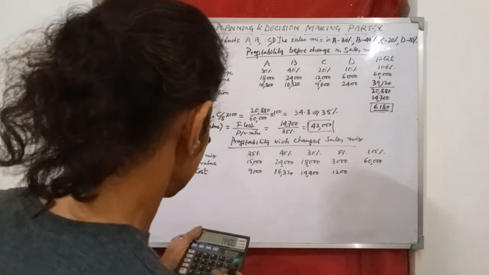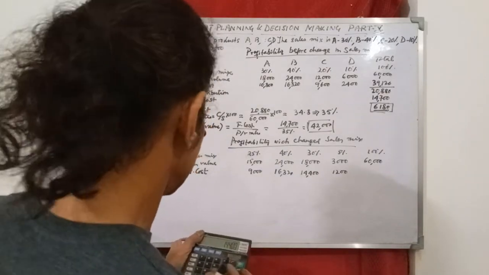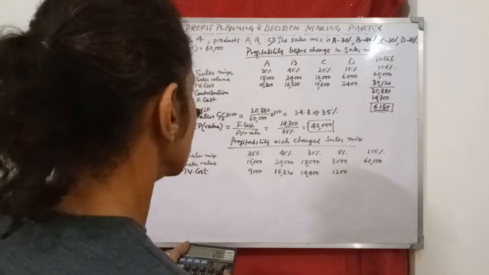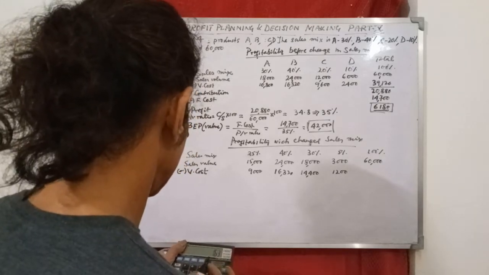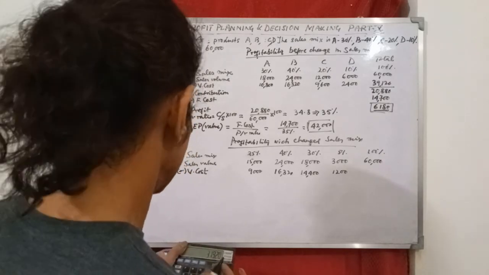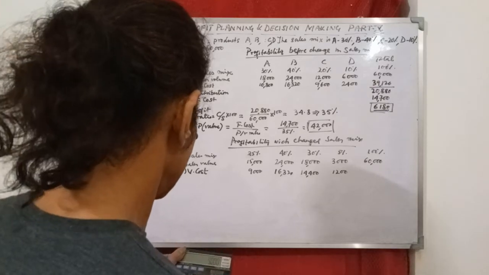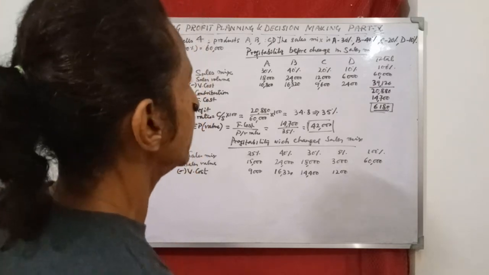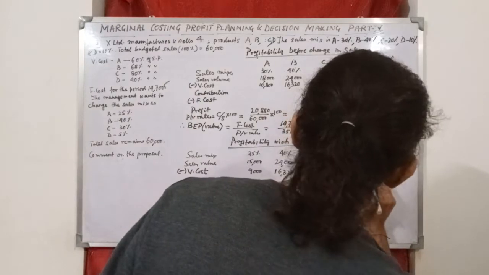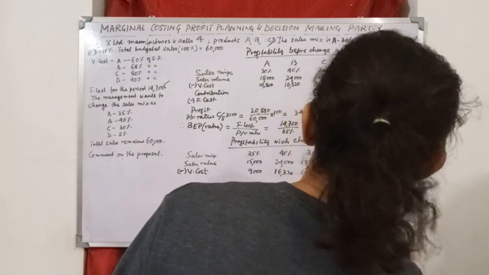And the total is 49,920. Total variable cost is 49,920.